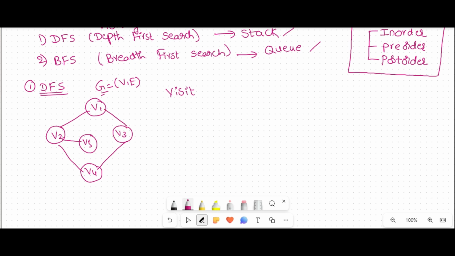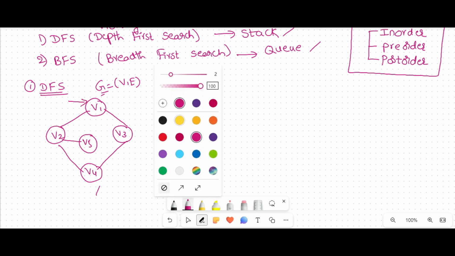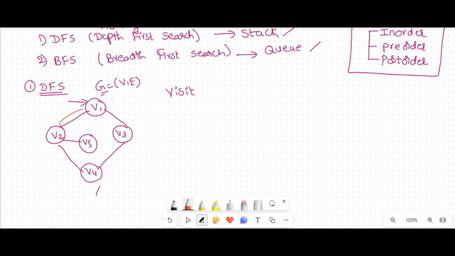Suppose the graph is like this and you want to visit vertex V4. This is the starting vertex. Then you can go like V1 to V2, V2 to V4, or V1 to V3, V3 to V4. Like that, a number of possibilities are there. Depth first search is nothing but visiting the vertices. So now assume this is the starting vertex. In what order are the vertices visited using the depth first search technique?